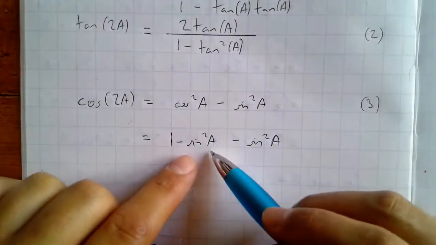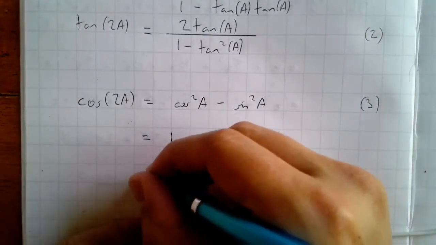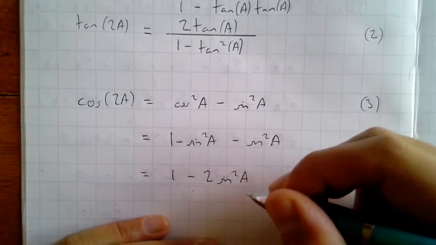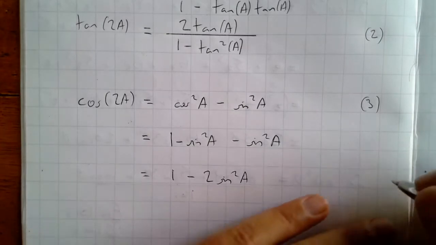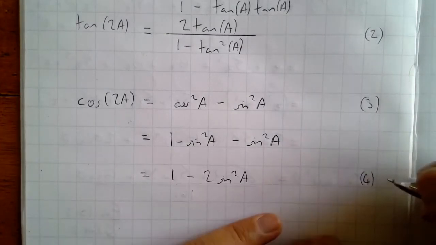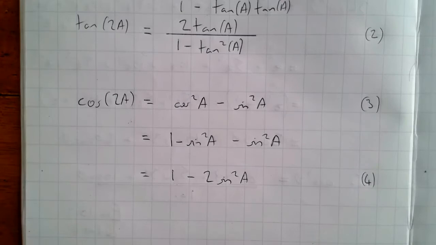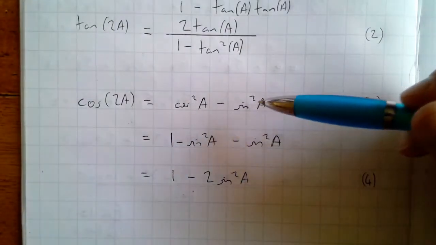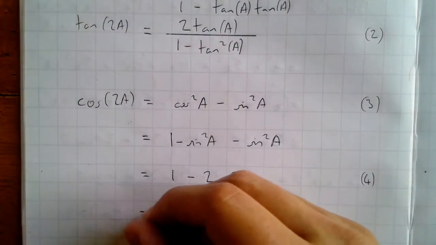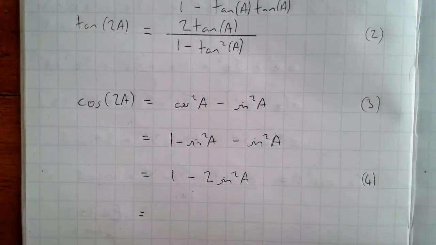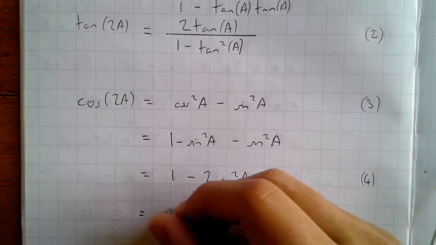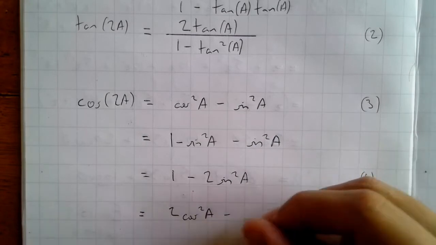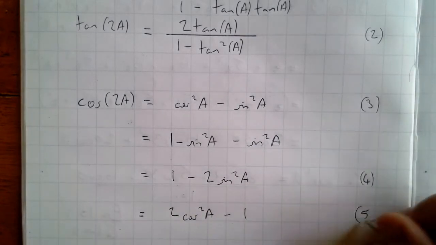So altogether this is 1 minus 2 sine squared A. There's another one we can have: instead of replacing cos squared, I could replace sine squared with 1 minus cos squared. If I did that, I would get 2 cos squared A minus 1. And that's the fifth one that you need to know.